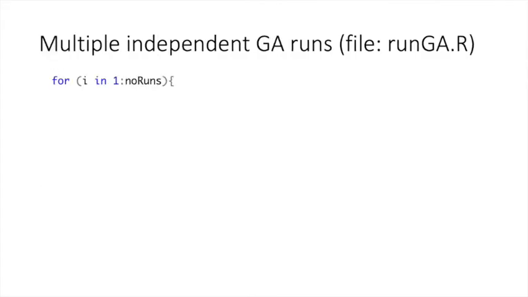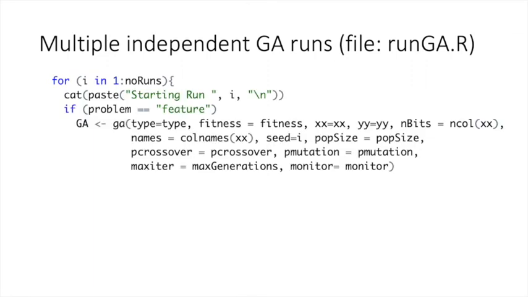So next, inside the runGA function, we start a loop. This loop will run the GA multiple times. So if the number of runs equals 30, then this loop will run 30 times. When the loop starts, it prints out a message saying starting the run number and gives the number of the run.